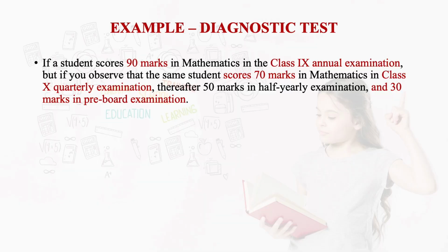An example we can discuss here: if a student scores 90 marks in mathematics in the class 9th annual examination, but as a teacher you observe that the same student scored 70 marks in mathematics in the class 10th quarterly examination, then it becomes 50 in the half yearly examination, then further it reduced and became 30 marks in the pre-board examination.